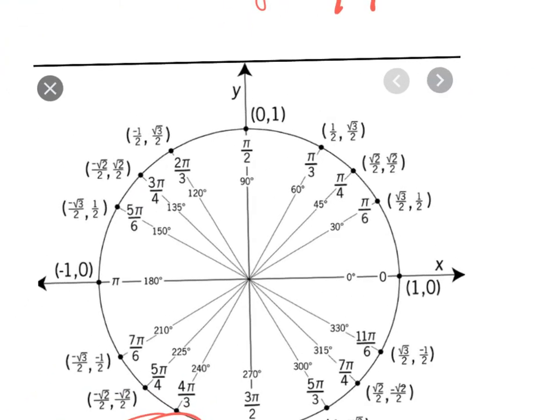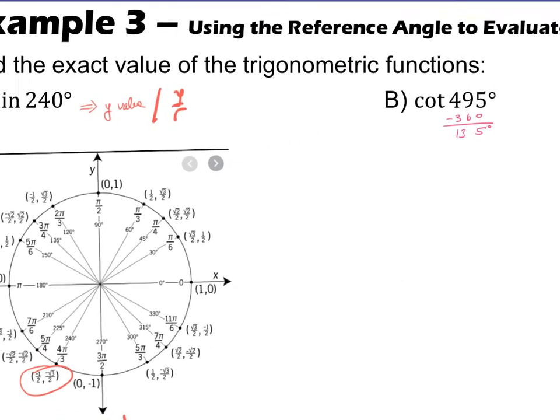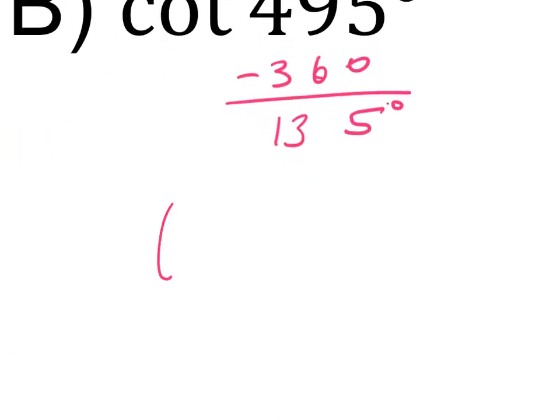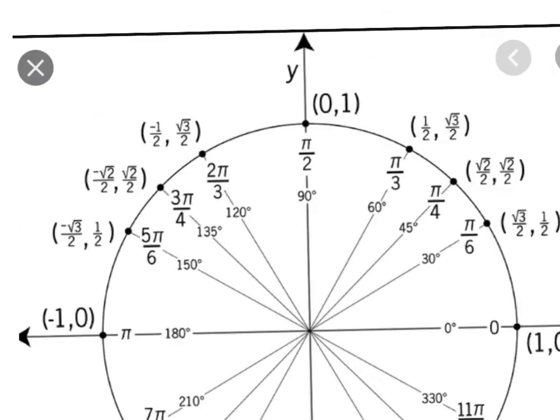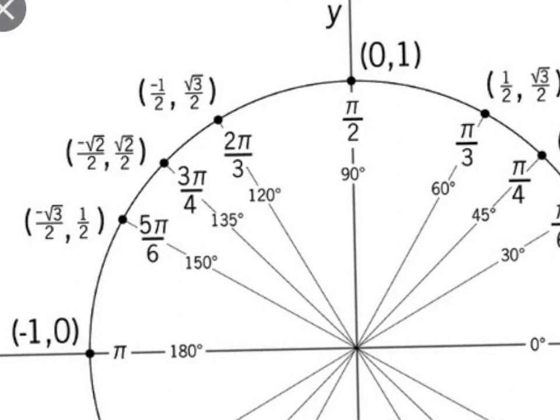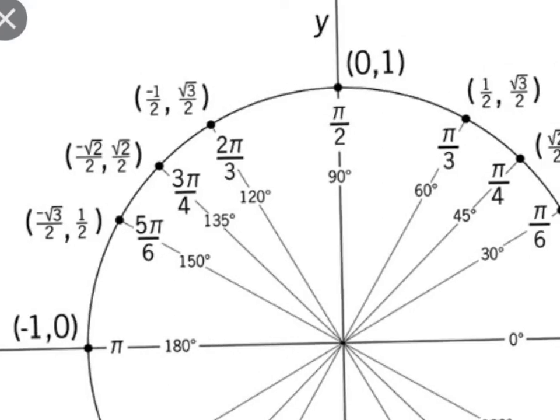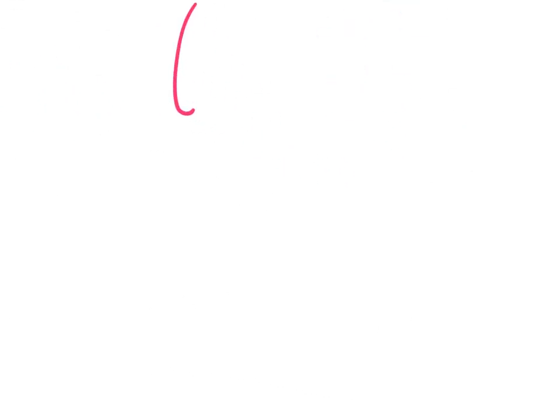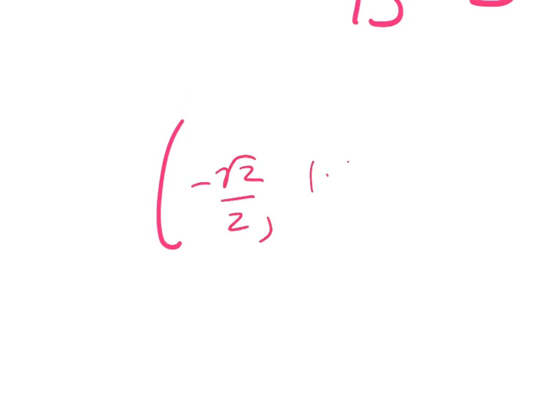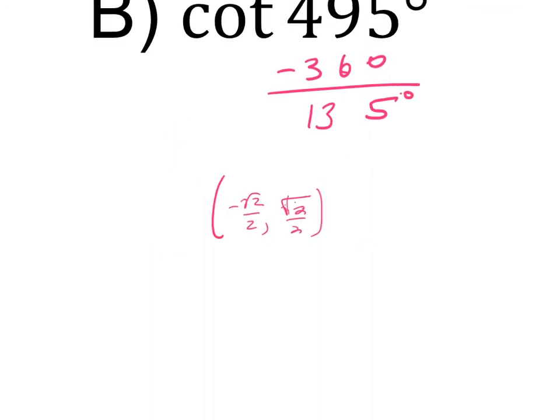Okay. What's the ordered pair at 135? Negative root 2 over 2 and positive root 2 over 2. Now look back at your notes.